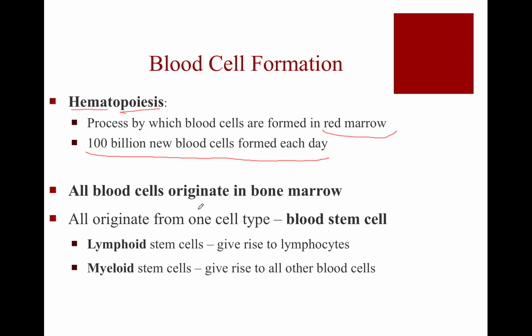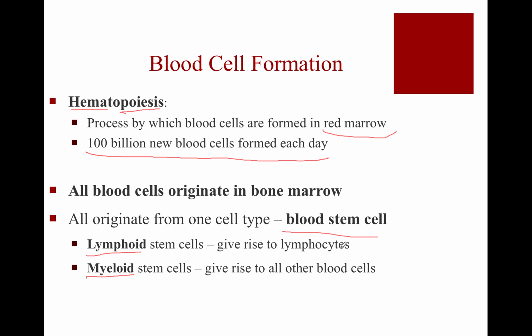Now, if you're looking at the cells within your red bone marrow that produce your blood cells, meaning red blood cells, white blood cells, and platelets, they come from two main categories of stem cells. One is called lymphoid stem cells, the other is called myeloid stem cells.